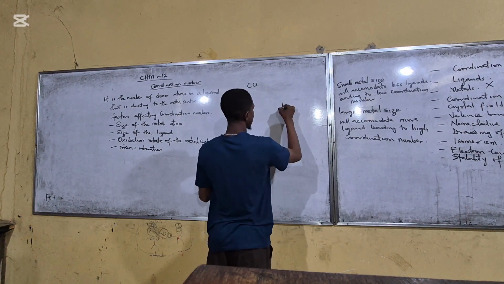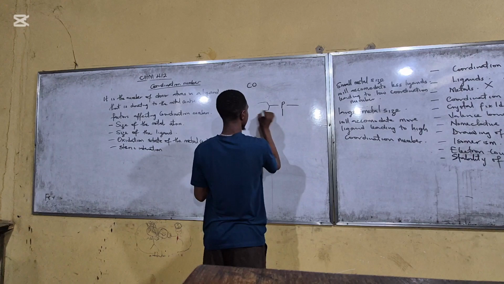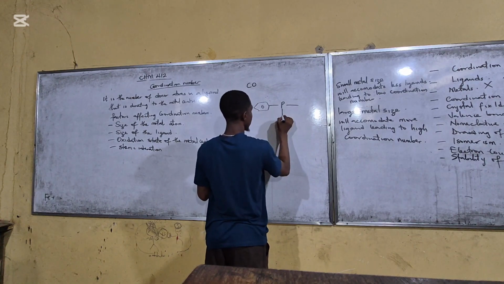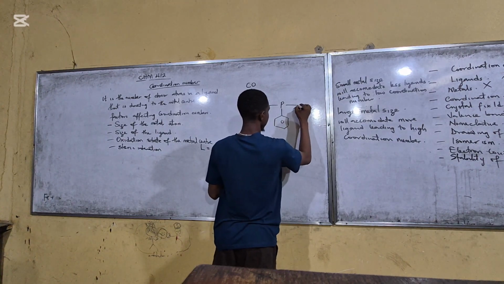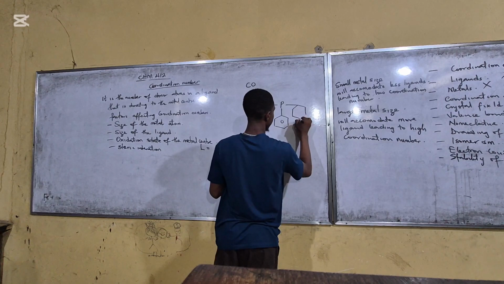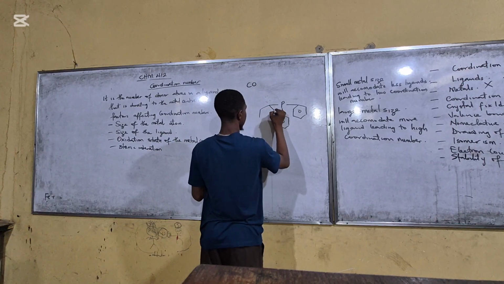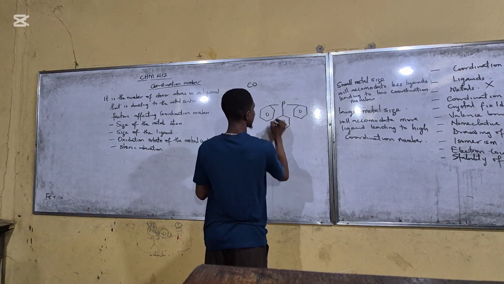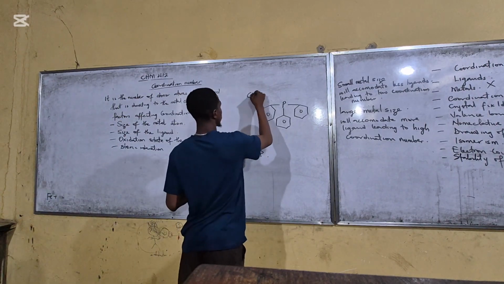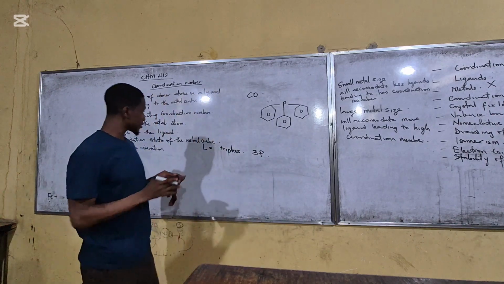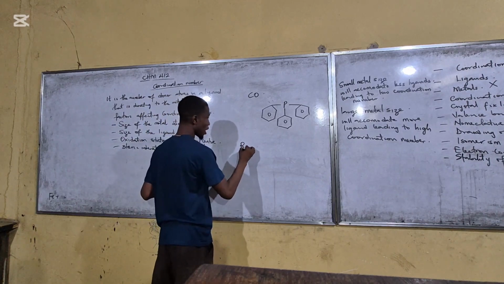Let me draw it here. This is PPh3, and this is CO. And we want to coordinate them to Ru.